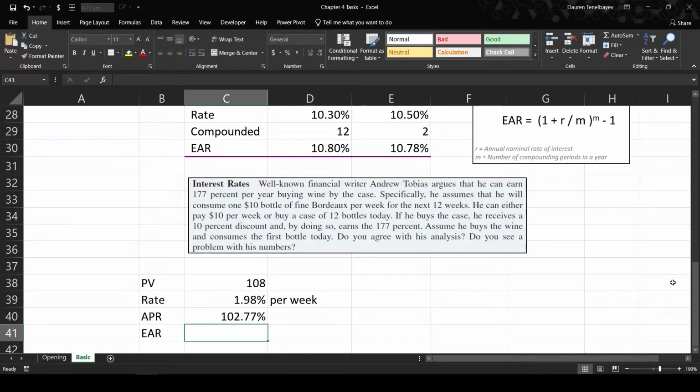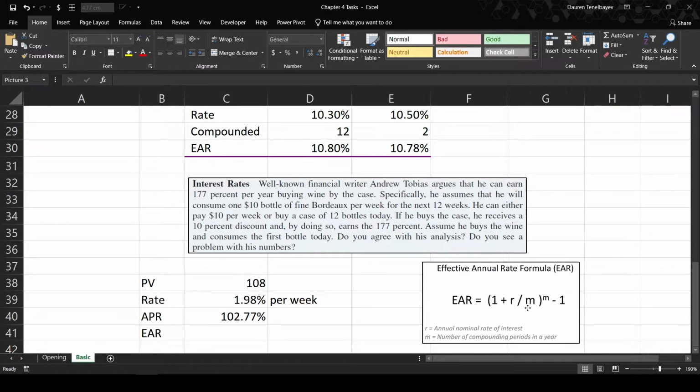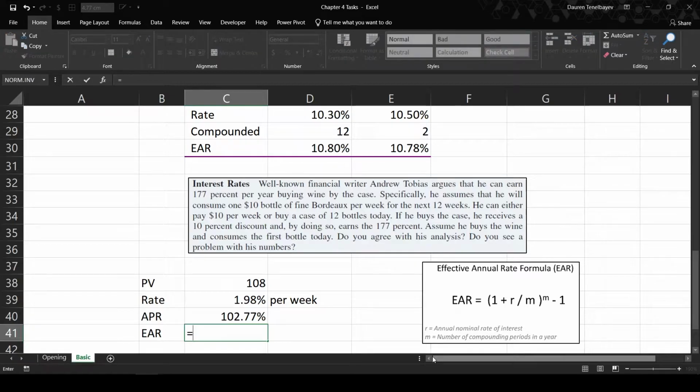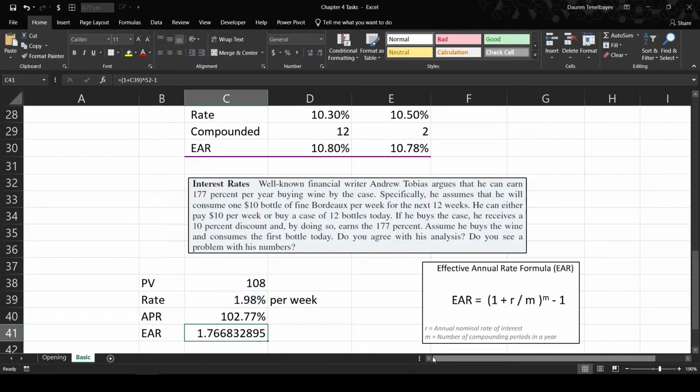So again, we will use the formula of effective annual rate. One plus this percentage rate in the power of 52 minus 1.